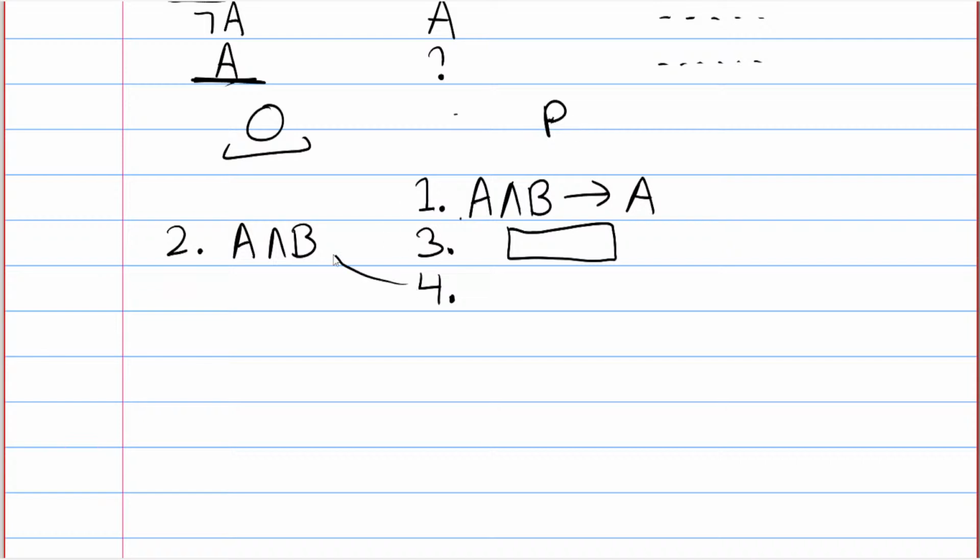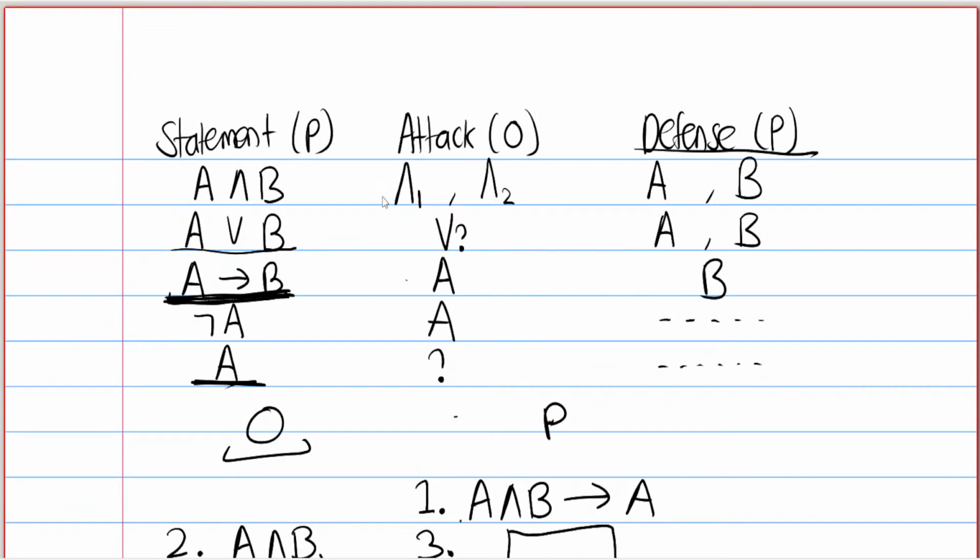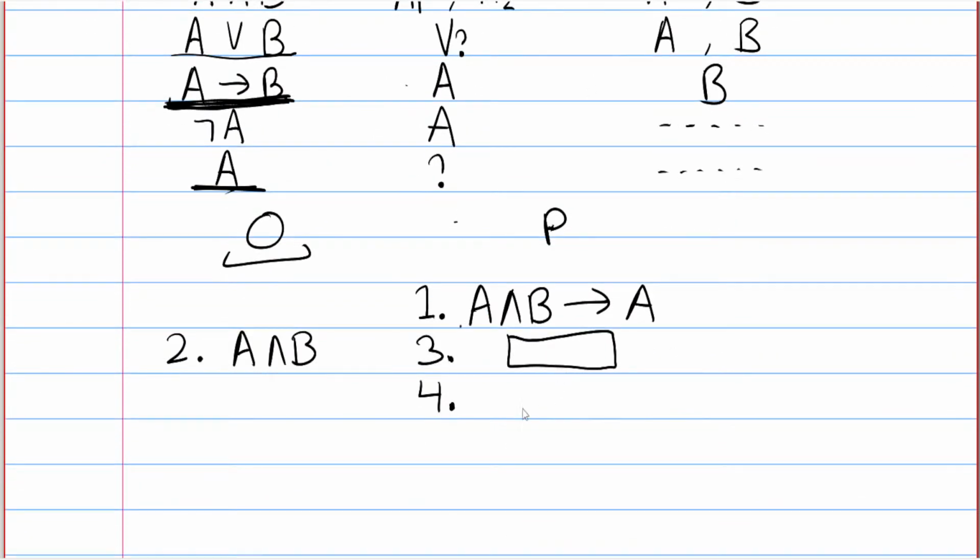So P attacks. This statement here has two different attacks available. So P can either do this or do this, right? Which kind of attack do we want here? Remember our goal.